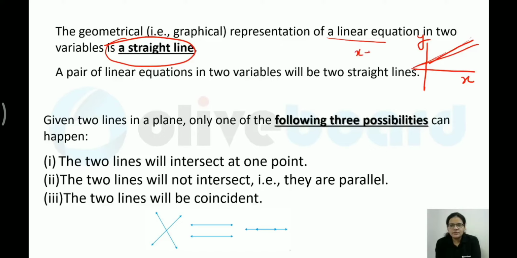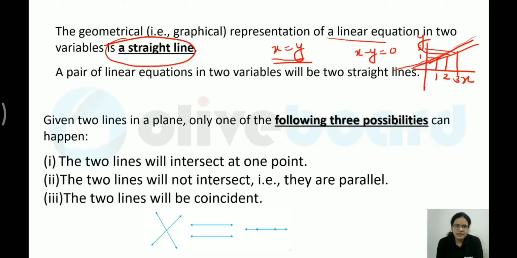For example, suppose I give you x minus y is equal to 0, it means x is equal to y. So if x is 1, y would be 1. If x is 2, y would be 2. Likewise, you can plot all the points which satisfy this. That will give you a line on the xy axes. I think it is clear.